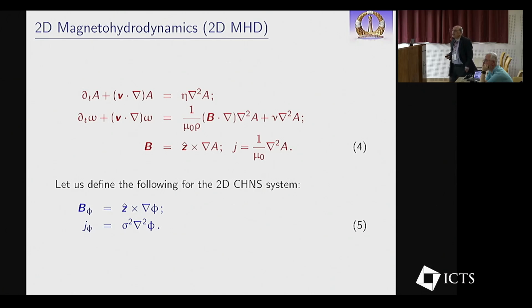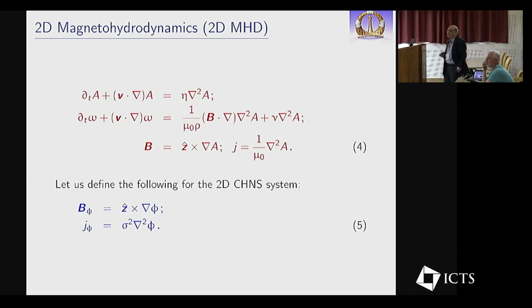A little interlude. This is a point of view that has been advanced by Pat Diamond and his collaborators, that there is some formal similarity between 2-dimensional magnetohydrodynamics, where A is the scalar vector potential. I mean, in 2D it's a scalar. So here is Navier-Stokes, and here is how the magnetic system acts back on it.